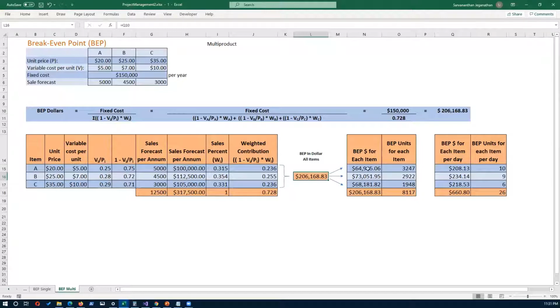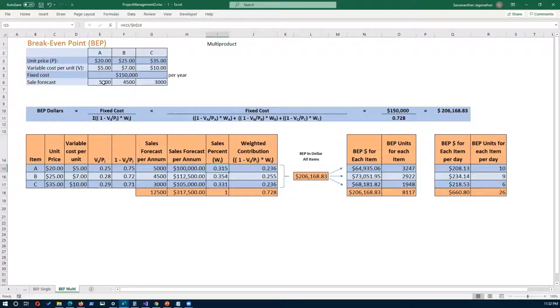Once this is calculated, it becomes easy for us to break that down for each item. If you want to find the break-even point in dollars for each item, meaning how many units you need to sell of A, it's pretty straightforward. We take the amount of revenue that we need to make and multiply it by the percentage sales.